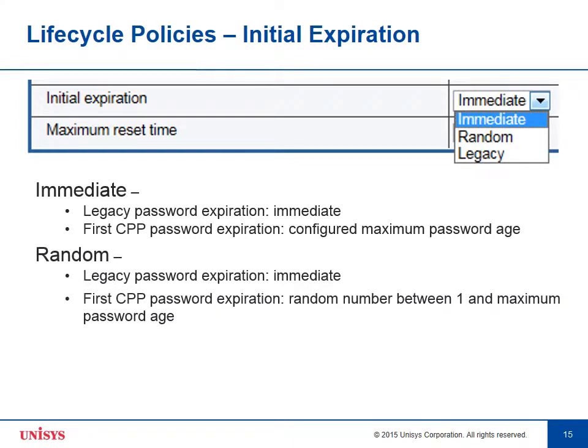If it's random, then the legacy password expires immediately, and the first password expiration period for the user ID is set to a random number between 1 and the expiration period defined by the maximum password age. If you're converting a lot of users to configured password profiles at the same time, this option ensures that all of their passwords don't expire on the same day, which could result in an administrator overload.